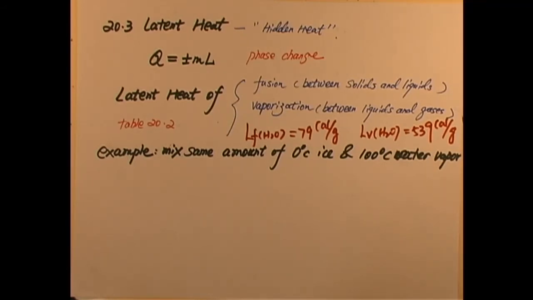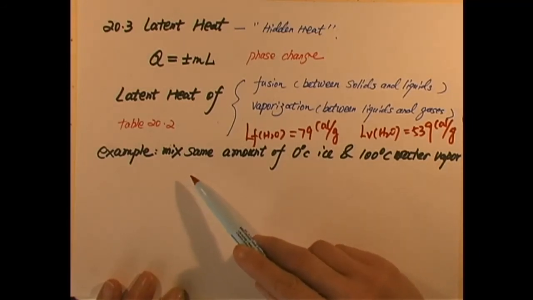So table 20.2 gives us, first of all, the melting point for a lot of substances, then the latent heat of fusion. The next column gives us the boiling point of the substance, and then the latent heat of vaporization. And it's quite useful.